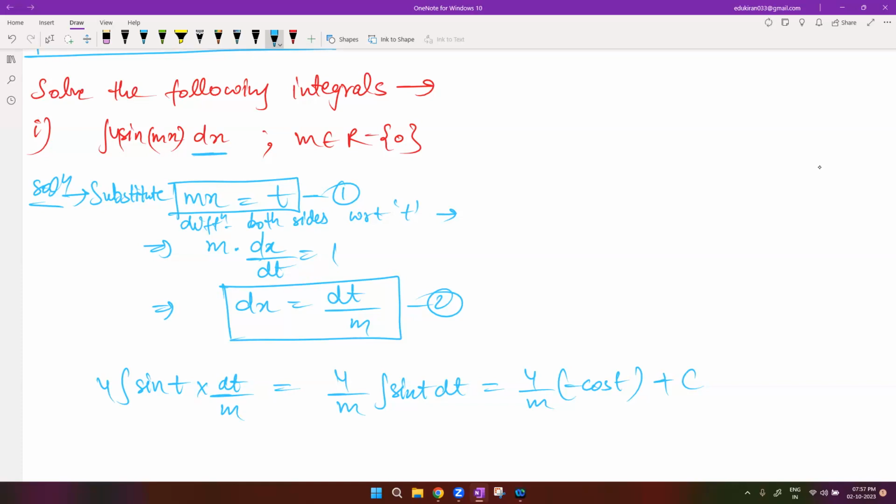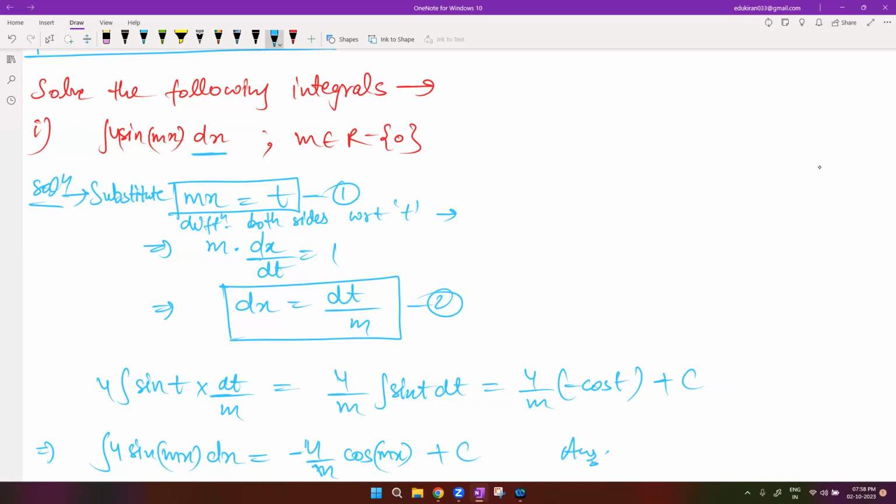Now the original variable was x, but you have substituted x with t. So in the final answer, you just substitute it back. So 4 sine mx dx can be written as minus 4 by m into cos t. Now this t can be written as mx, plus c.